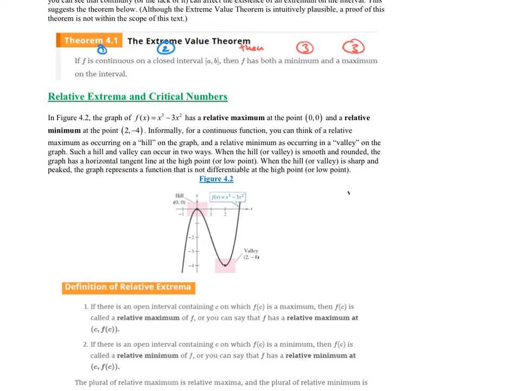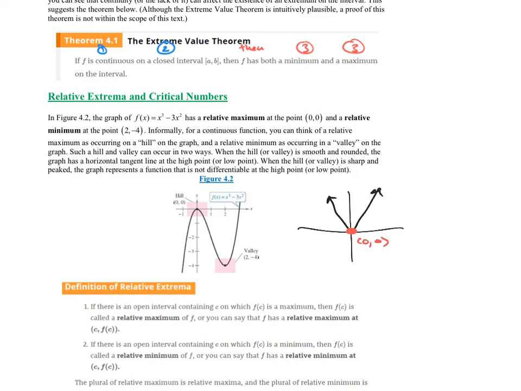So a good example of that is the absolute value of x. If you think about the absolute value of x, you think about this point right here, this point (0, 0), that point is a relative minimum. It's a minimum because it is the lowest point in an interval. In fact, that's the absolute minimum as well. It's the absolute lowest point in the entire graph. But what they're saying here is, look, think about the derivative at that point.